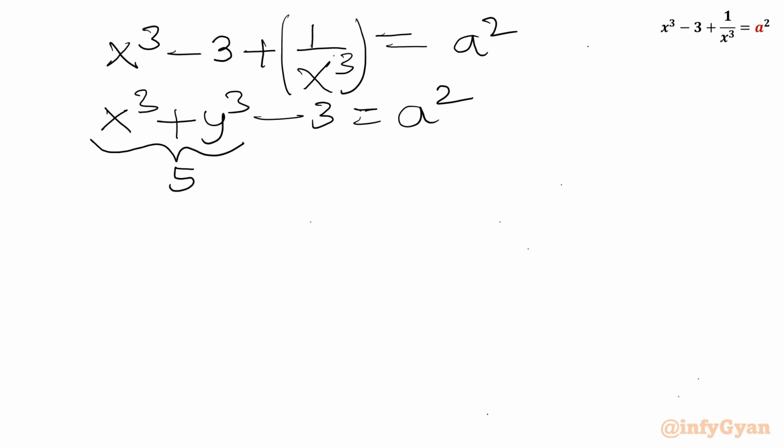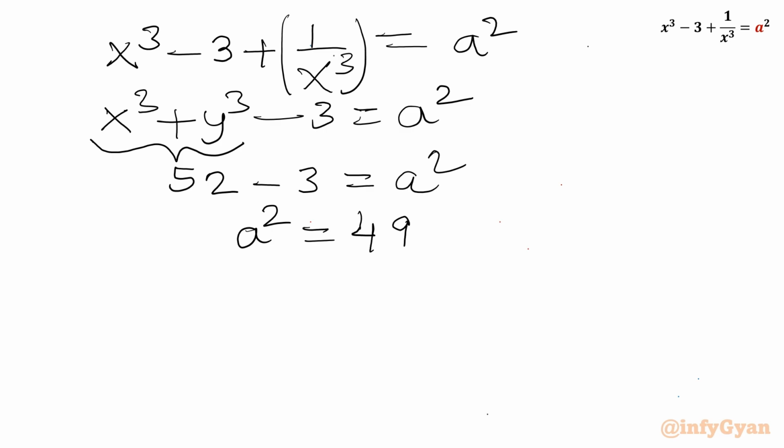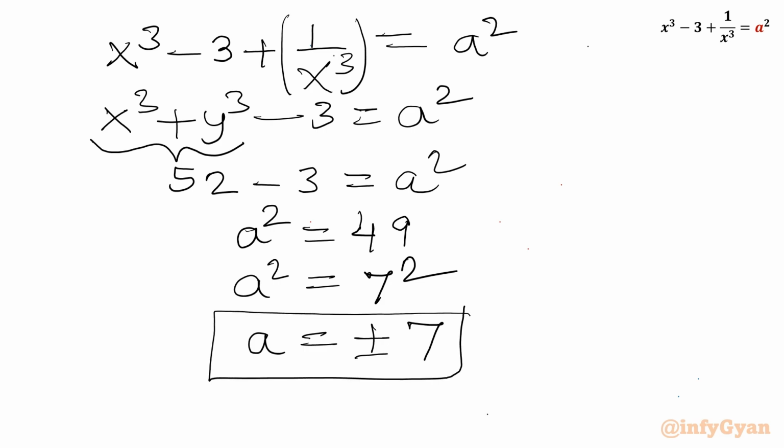This is 52. 52 − 3 = a². So a² is equal to 49, which is the square of 7. So I will write 7². After taking square root both sides, we will get a = ±7. Any condition on a? No. So we will get a = +7 and a = −7. So our final answer will become +7 and −7.